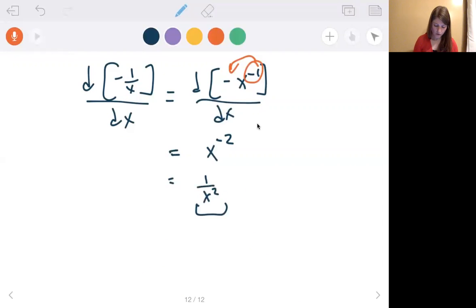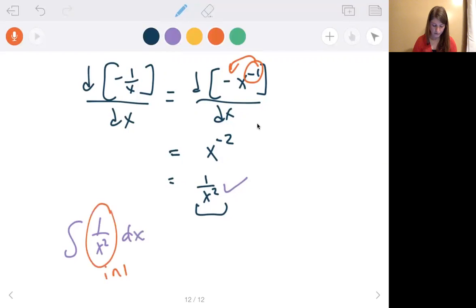Now, a little bit more terminology. This part, when you're looking at the 1/x squared dx, the 1/x squared is called the integrand. So an antiderivative is the same thing as an indefinite integral.